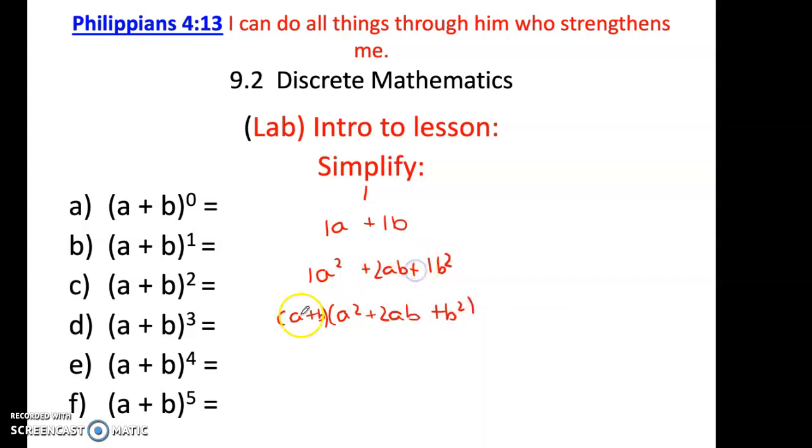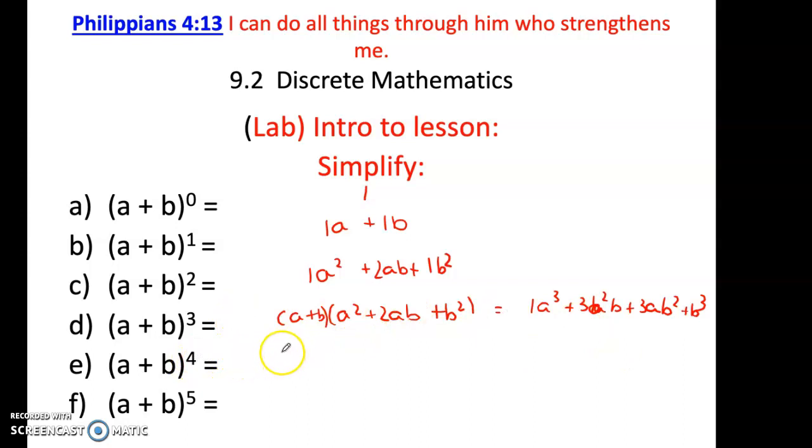So you distribute the a, distribute the b, and we come up with 1a cubed plus 3a squared b, plus 3ab squared plus b cubed. And then if we want to get a plus b to the 4th power, you're going to multiply a plus b times all of this.